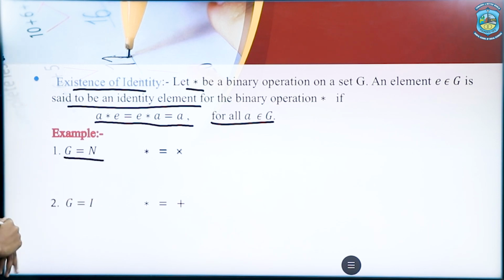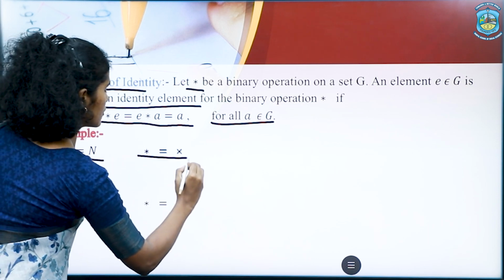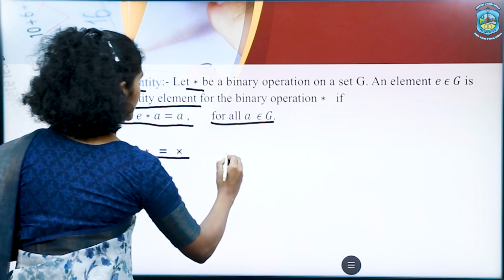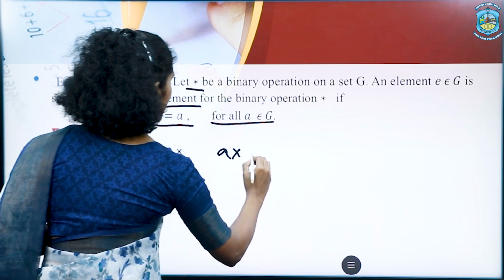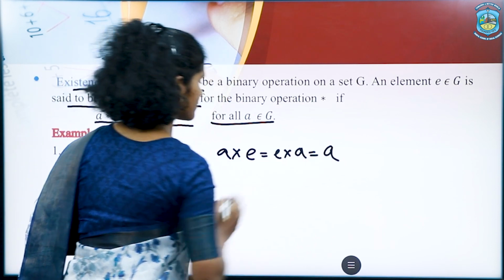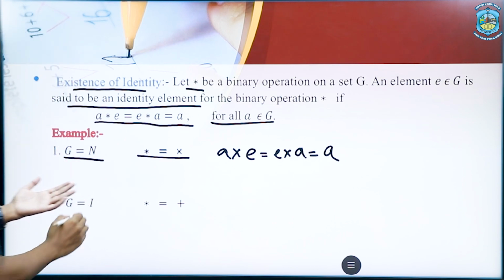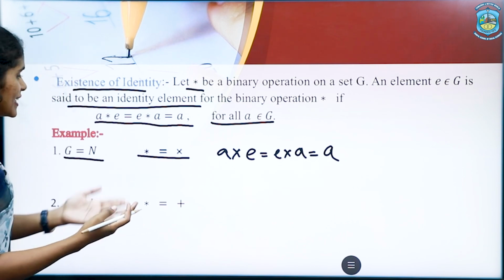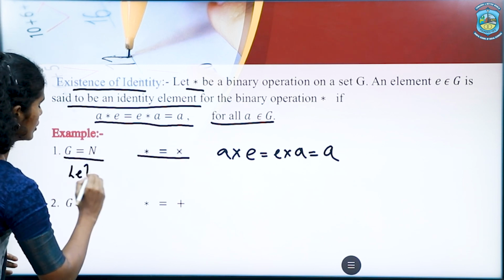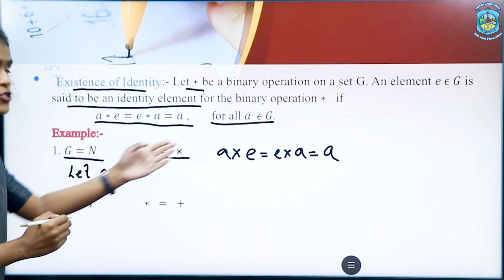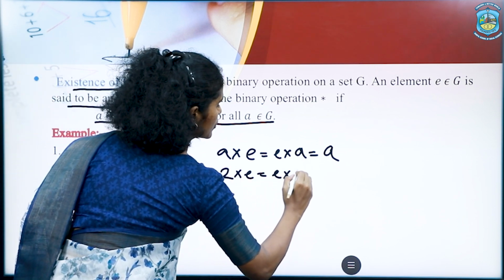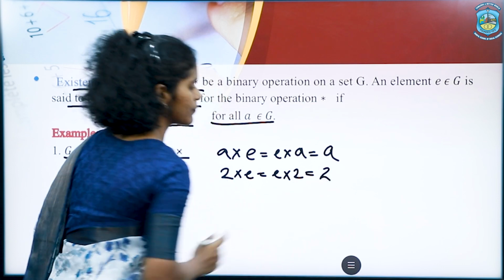We consider the set of natural numbers. The operation given to us is multiplication. So here the condition will change into A into E equal to E into A equal to A. For an easier method, let us give the value of A equal to 2. So I can write this as 2 into E equal to E into 2 equal to 2.